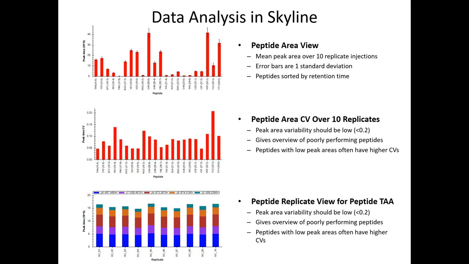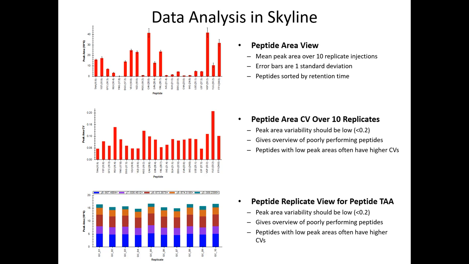You see the intensities of these peaks, you see the standard deviation, and you get a sense of what it should look like. Then, if you right-click and go to area CV, you can see here's the 10% mark. Not every peptide is going to be behaving in the same sample set below 10%.